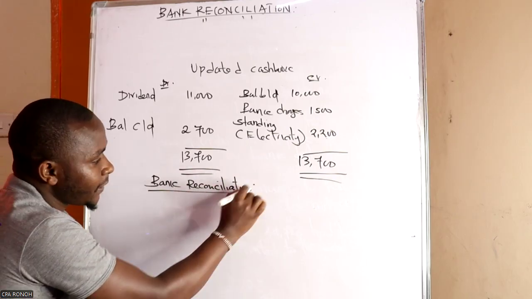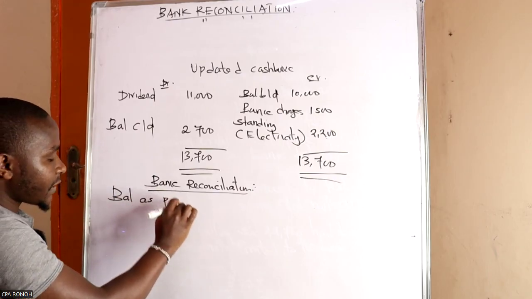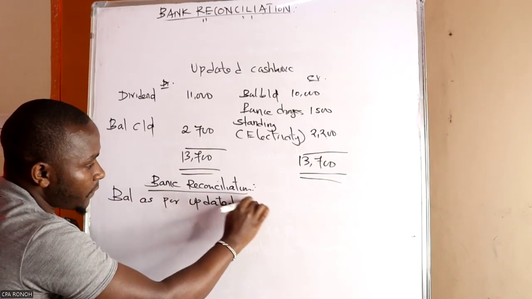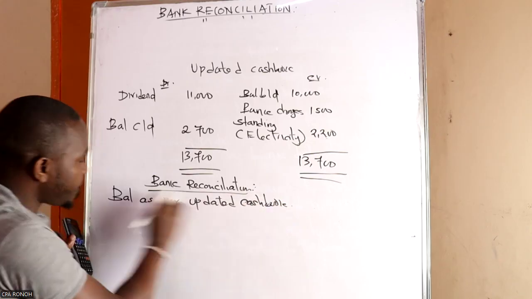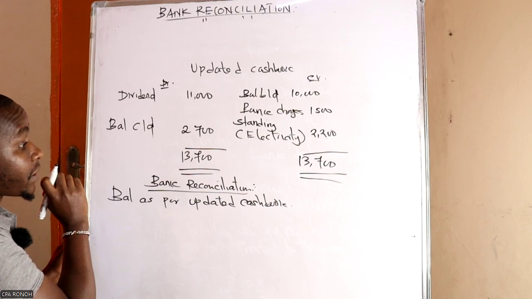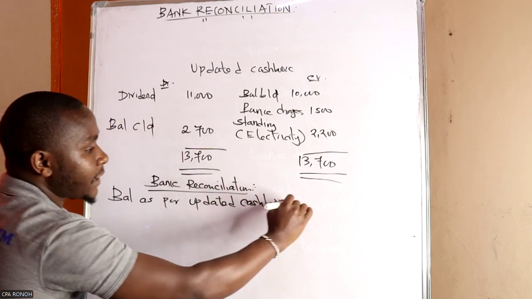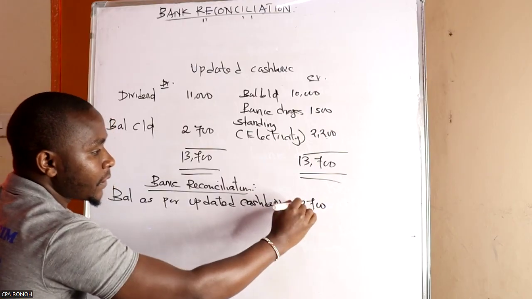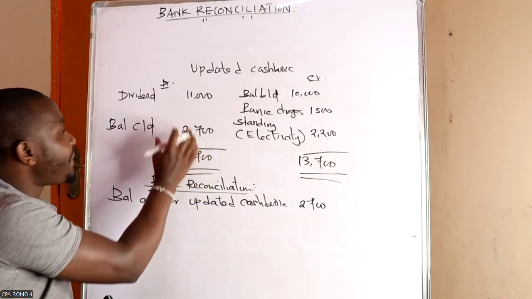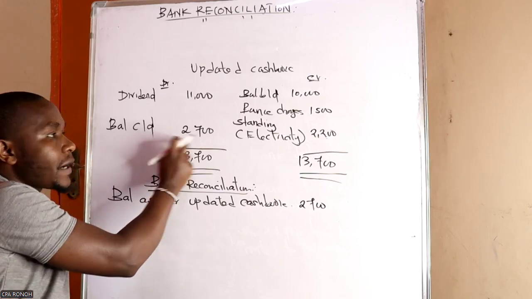So that one now will come here and do our bank reconciliation, where you say balance as per updated cash book. If it is a practical part, you say balance as per the ledger. You don't say the cash book when you are doing a reconciliation for practical. So take 2,700. And also, in accounting class, when we have a balance of cash on the debit side, what does that mean? This is a bank overdraft.